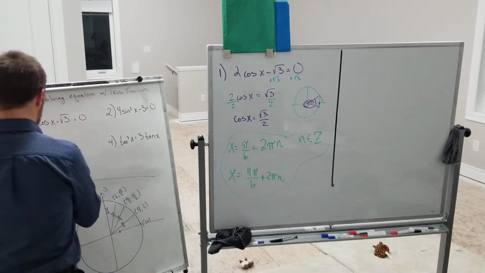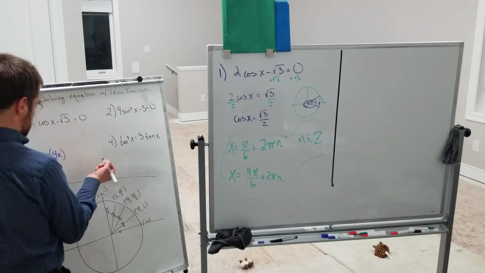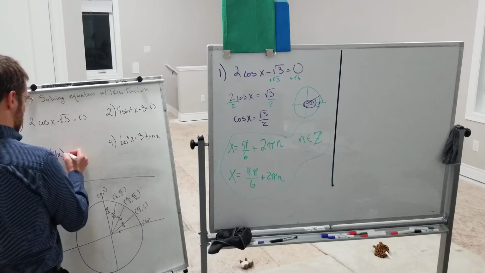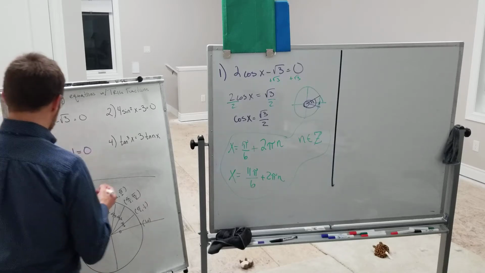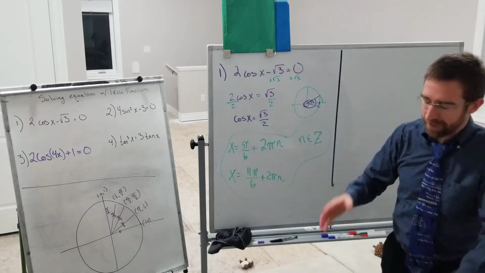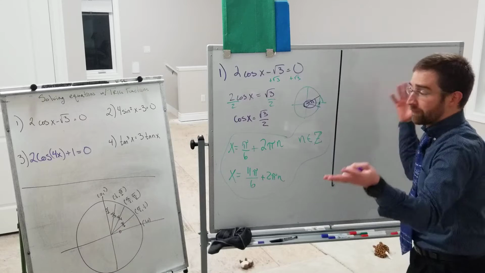It'll be 2 cosine 4x plus 1 equals 0. There we go, that'll be it. Sorry, I just realized that after I hit start on the video.